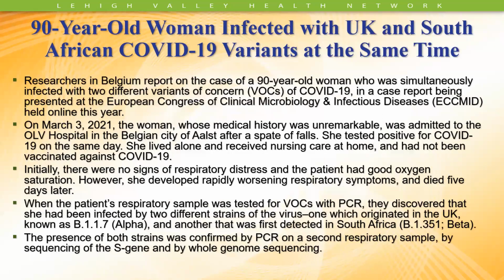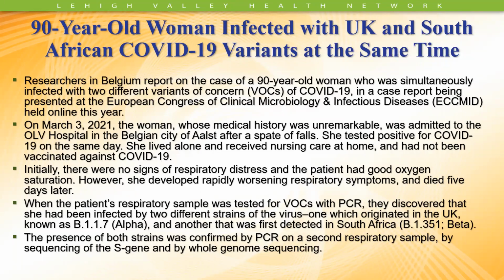There's also talk that you can get infected apparently by multiple coronaviruses. This was a 90-year-old lady that was infected with both the UK and the Southern African COVID-19 variants. Her medical history was unremarkable, and she was admitted to the hospital after some falls.